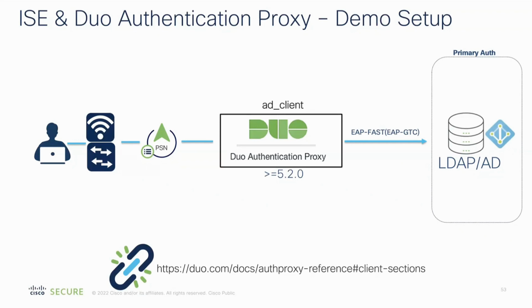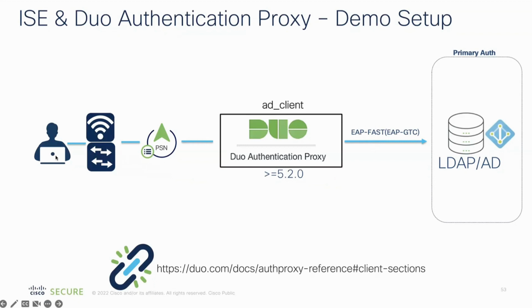Now, I'm not going to cover all the authentication protocol support that is provided, but I'm going to concentrate on what exactly I'm going to demonstrate. I was making use of a Duo Authentication Proxy itself, and I'm making use of an AnyConnect NAM module, which was already configured with the EAP-FAST mechanism.